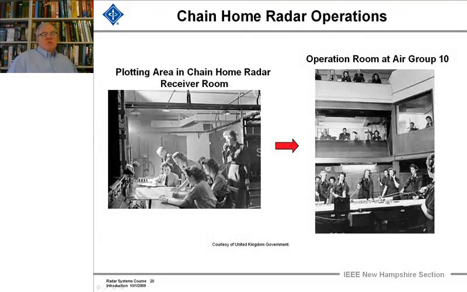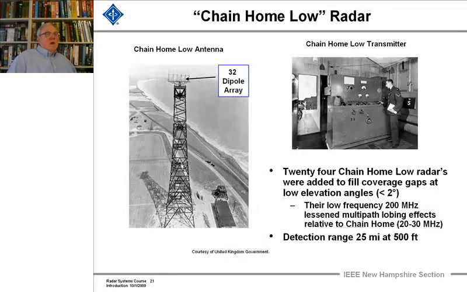This is terribly important, and I'll get to that in a minute, so that they could focus their attack and have even parity with their fighters and the British fighters, and we'll get to the results in a minute.